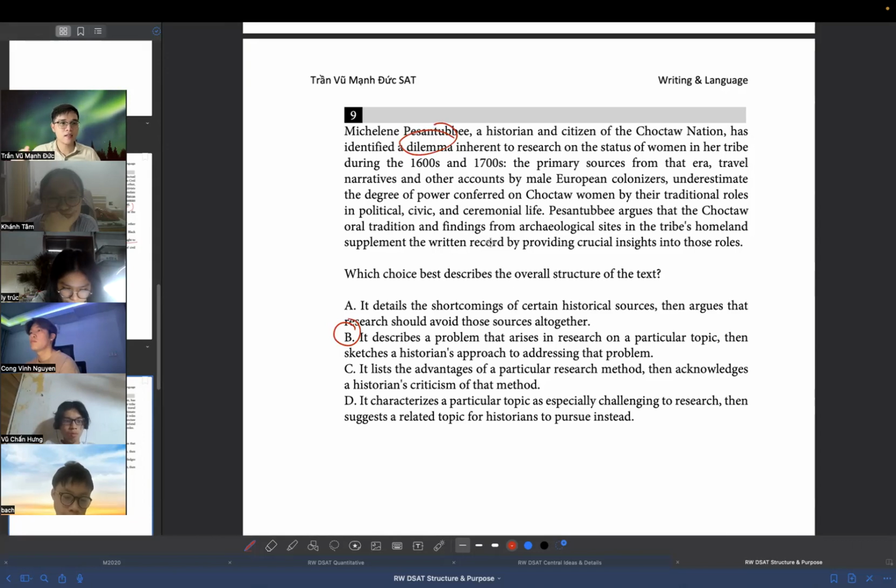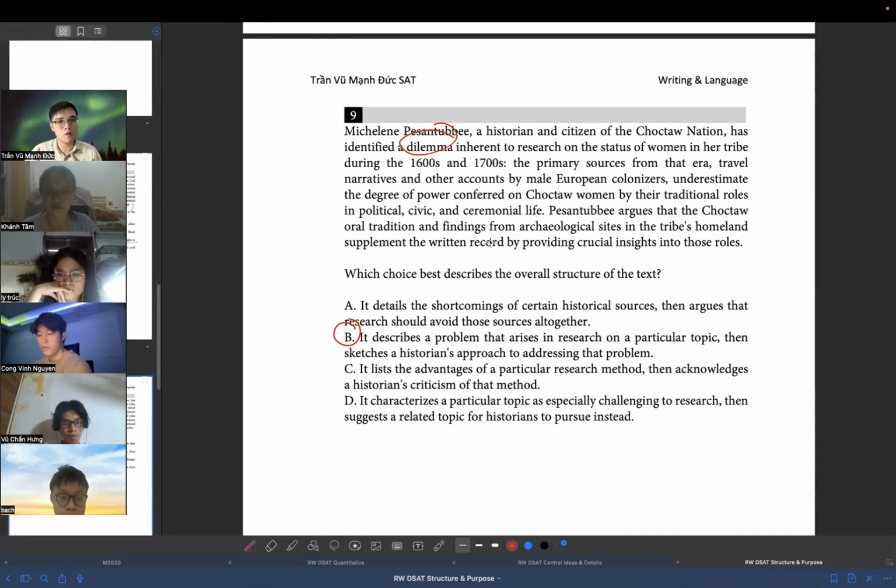A dilemma is kind of yes or no. You don't know whether to answer yes or no. This will appear a lot on the SAT, so I want you to remember this word. For example, your girlfriend or boyfriend asks you out for dinner, and your best friend also asks you out for dinner. So you are in a bit of a dilemma between the two because you can't choose. This is what dilemma means.